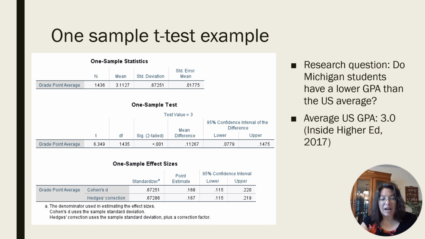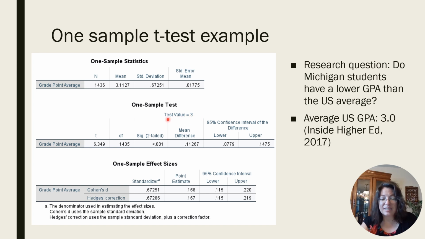And when we do the test, we get first this one sample statistics descriptives table, which just shows you the sample size, average, standard deviation, and standard error average for your variable, and then does the test against the population mean that you're testing it against.